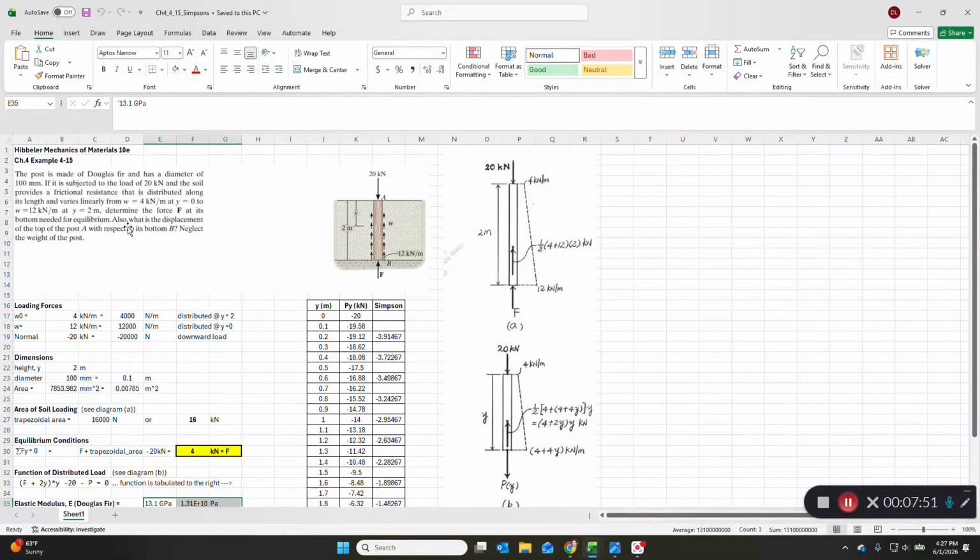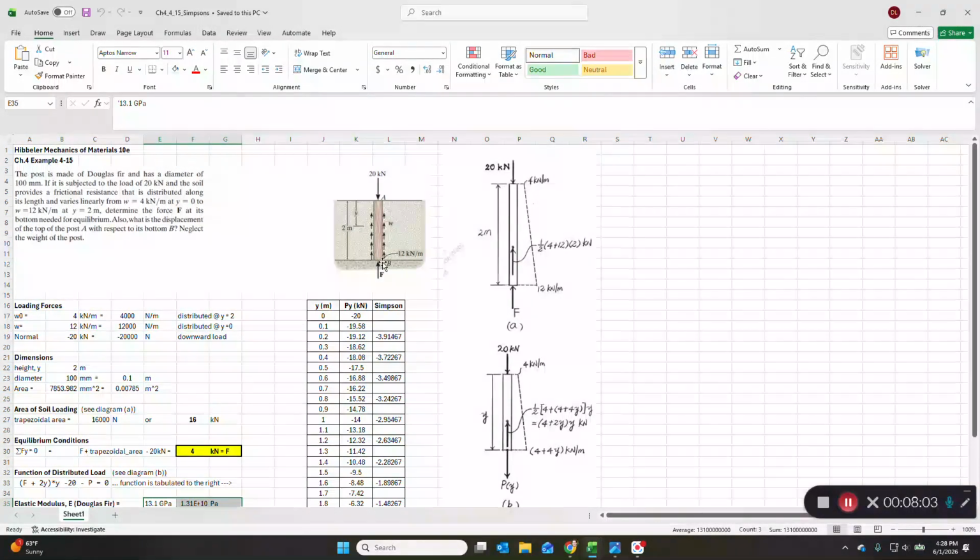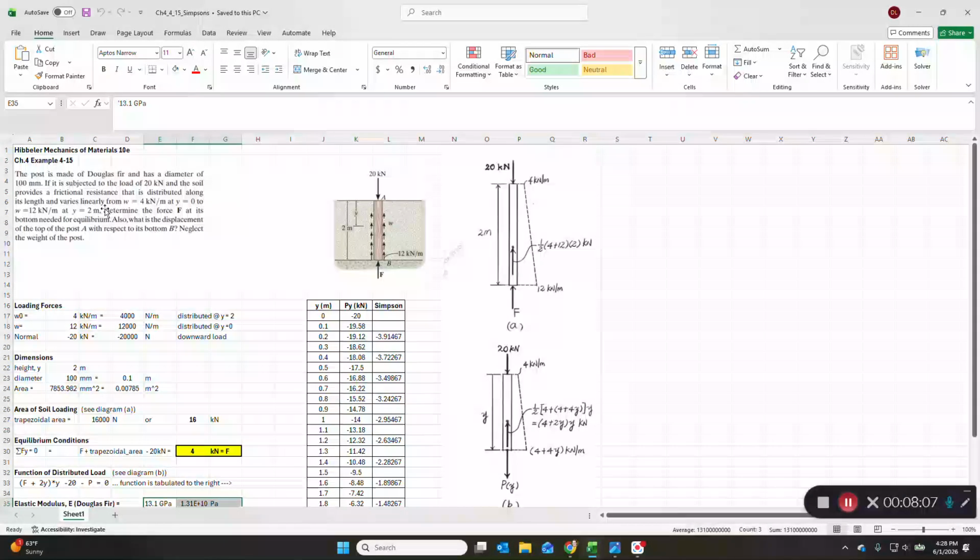It has a diameter of 100 millimeters, subjected to a load of 20 kilonewtons down. That could be a pile driver or some other load-bearing device to drive this pile, or this post, into soil. So it's driven into soil that provides a varying frictional resistance distributed along the length.